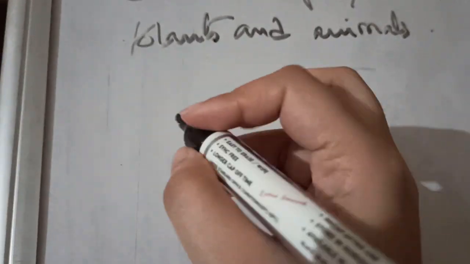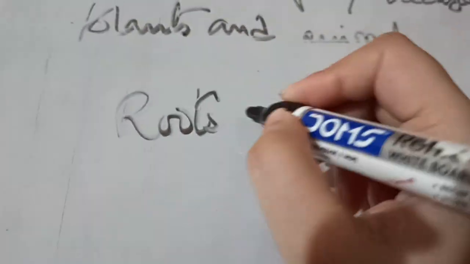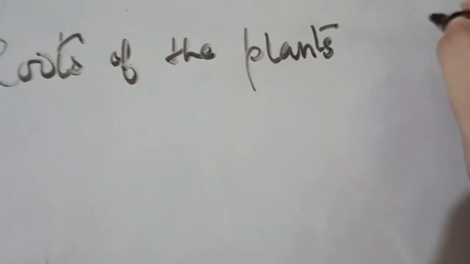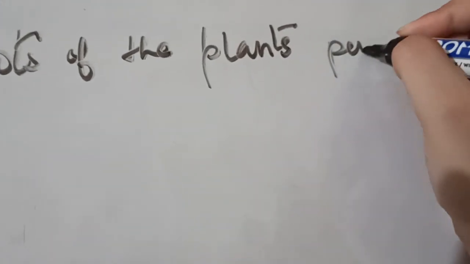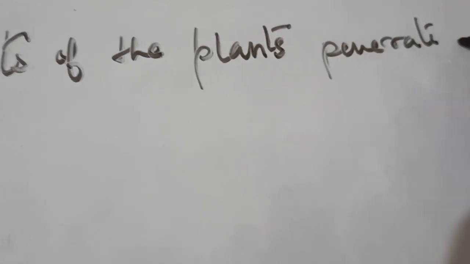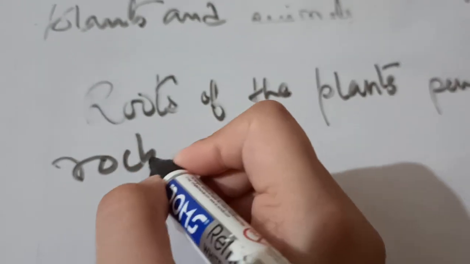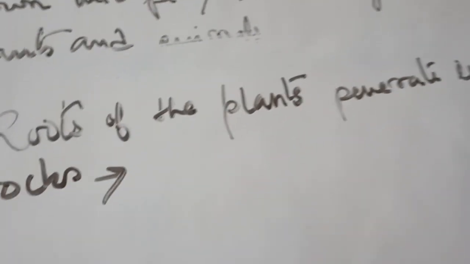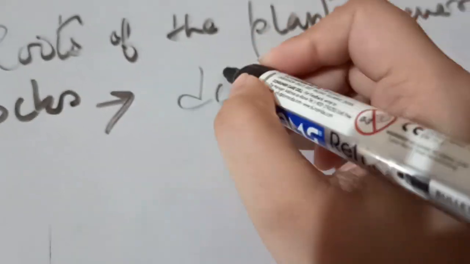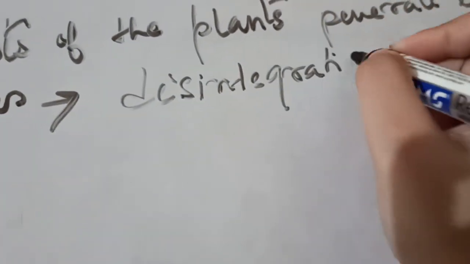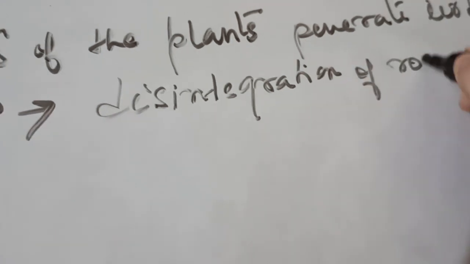So the roots of the plants penetrate certain rocks. As a result of that, what happens? Disintegration of the rock takes place.